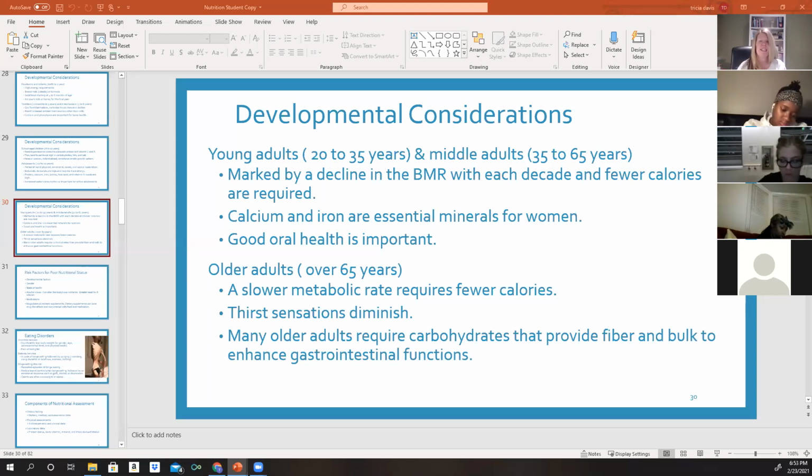Because of the changes related to aging, the caloric needs of the body decrease. The needs for vitamins and minerals will, however, stay the same. So we still need to make sure they're getting those nutrients and minerals. And not only do the women need calcium supplementation, but the men also need supplementation.